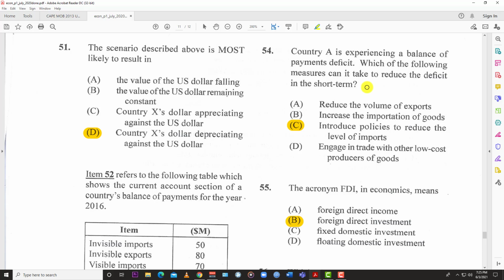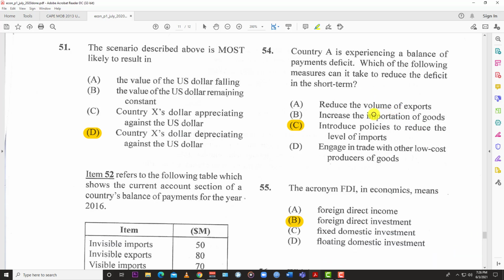A deficit means you're sending out more money than you're bringing in. And so if you introduce policies to reduce imports, that means you don't have to send out as much money, and you will match what you're exporting in a sense. You bring it down to a level. So you're improving the deficit of the balance of payments in this case.